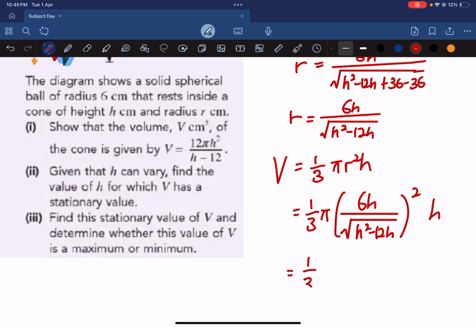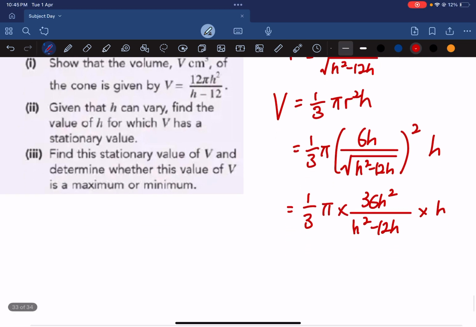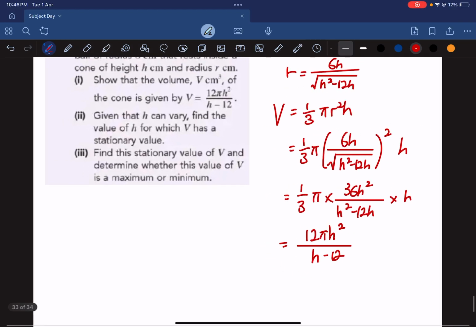So this is 1/3 pi times 36h squared over h squared minus 12h times h. Therefore I simplify everything, I should get 12 pi h squared, h can cancel out from the denominator terms, over h minus 12. Okay, and I've shown part 1.